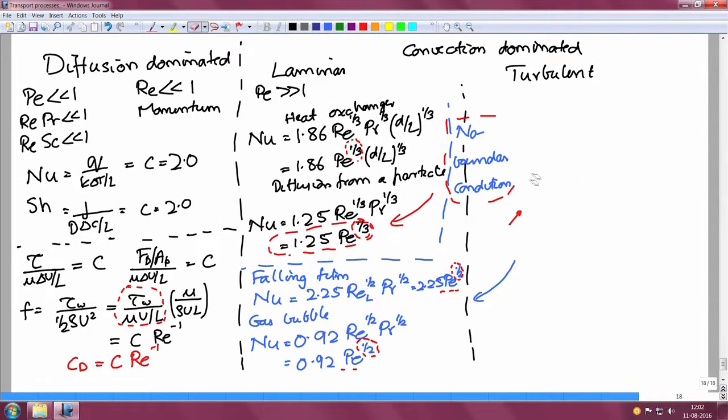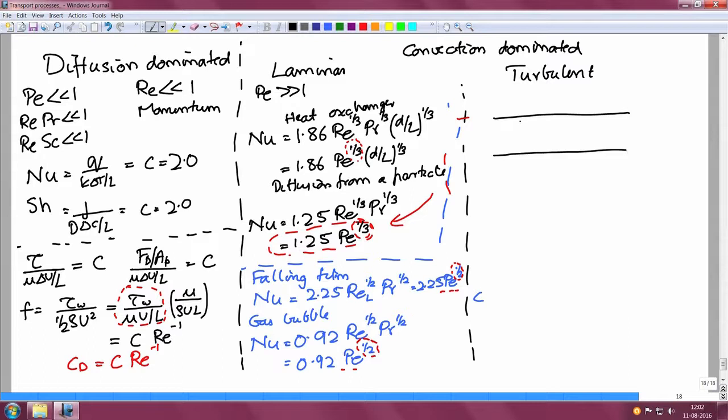Now first I should say a word about the distinction between laminar and turbulent flows. Take a flow in a pipe, for example.